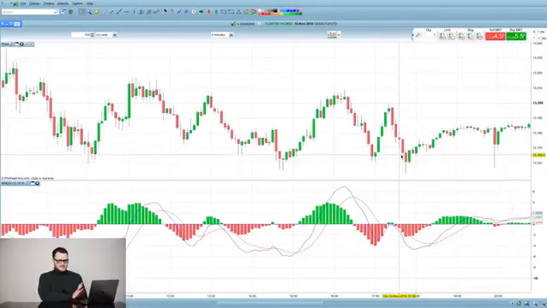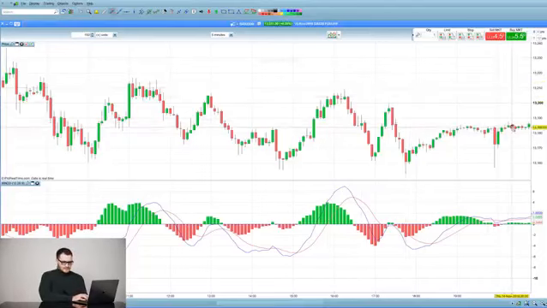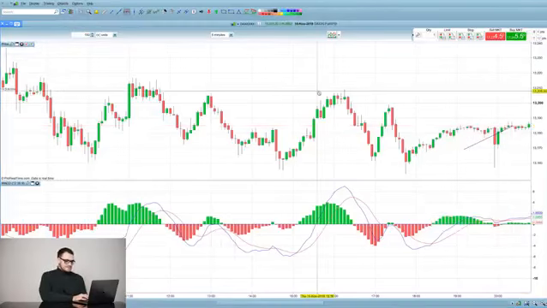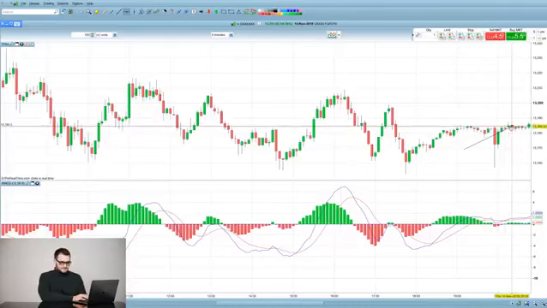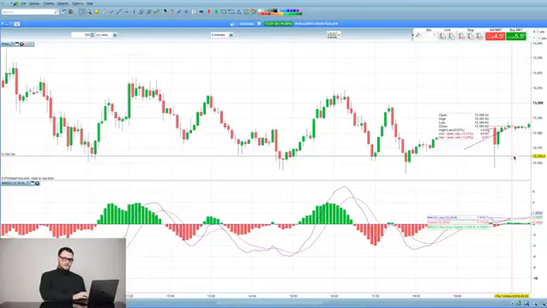So let's take the same exact example, just like in a few previous lessons, with this divergency right here. If we were to enter once again at the beginning of this candle, it would be around 13,185, and our stop would in this case be fixed at 13,165, so 20 points.